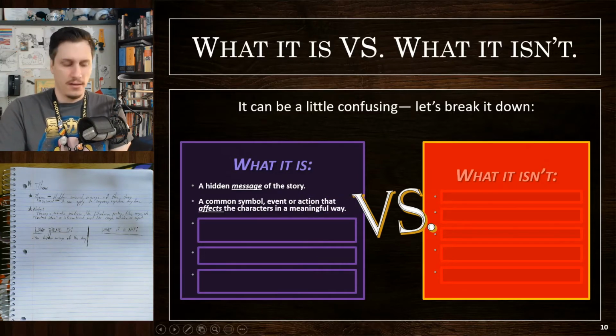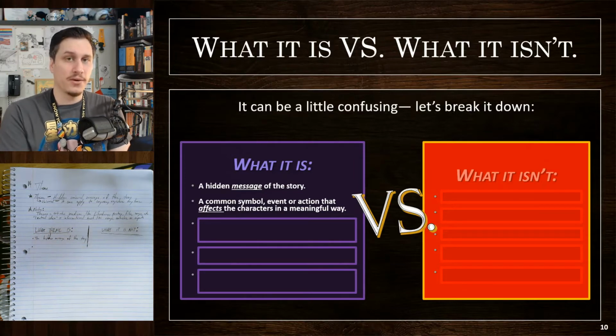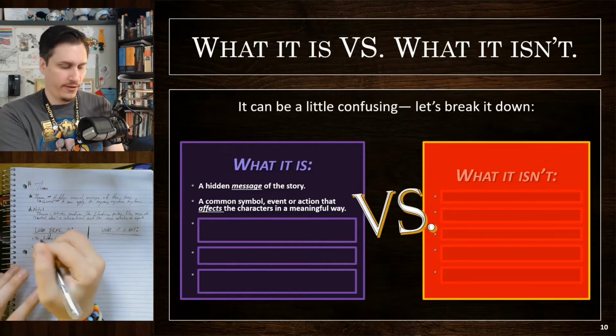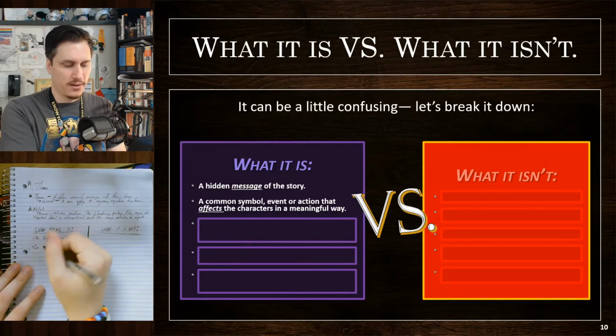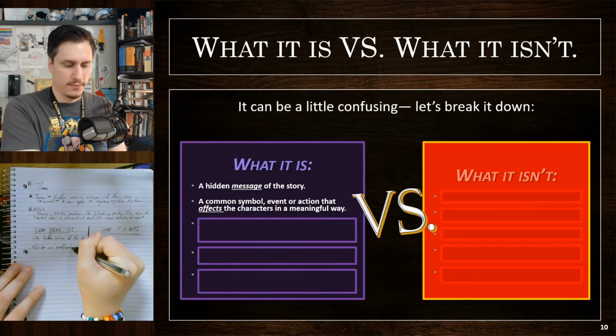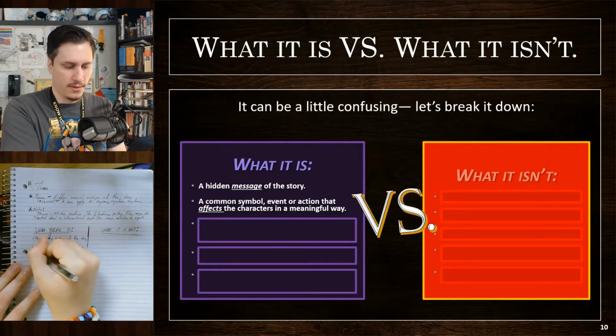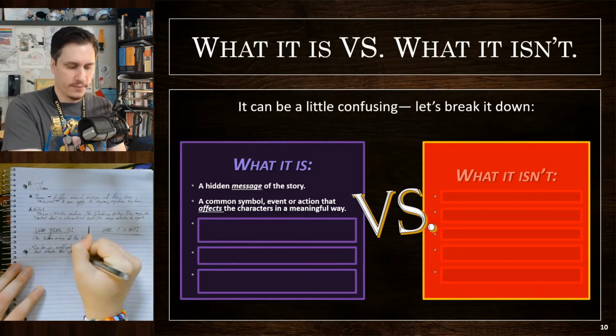Okay. Next thing, theme can be an important symbol, event, or an action that affects the characters. I don't like what I worded on my PowerPoint slide, so I'm going to say it can be an event, symbol slash action that affects the characters.